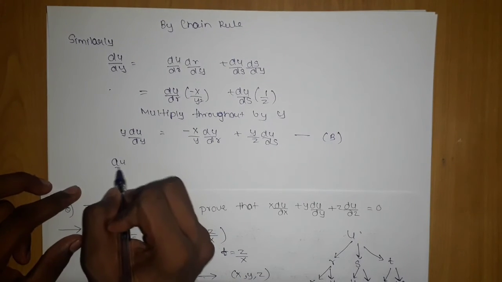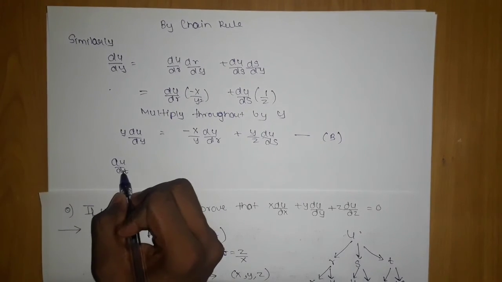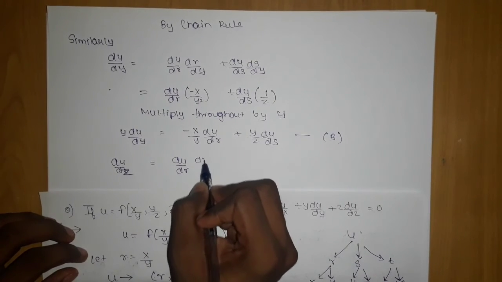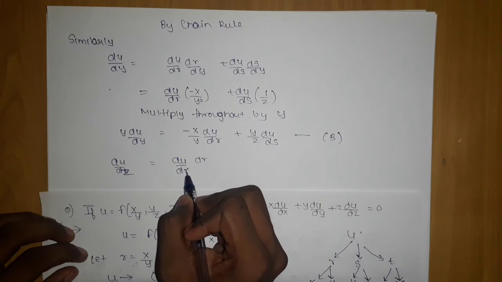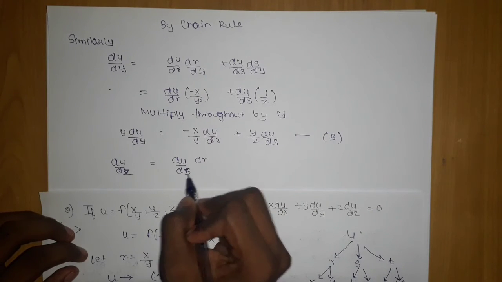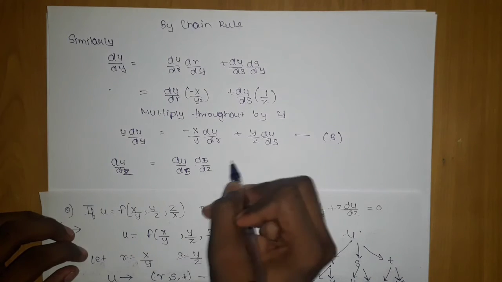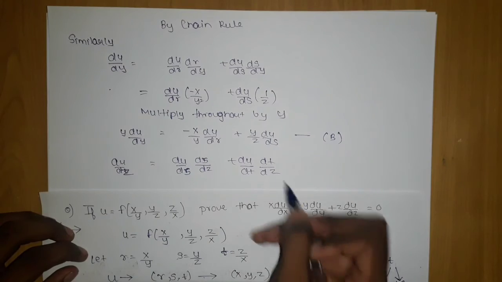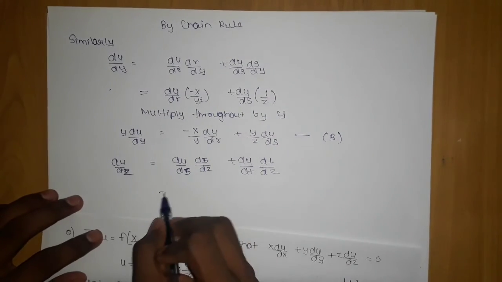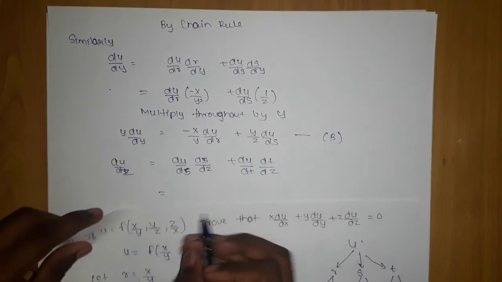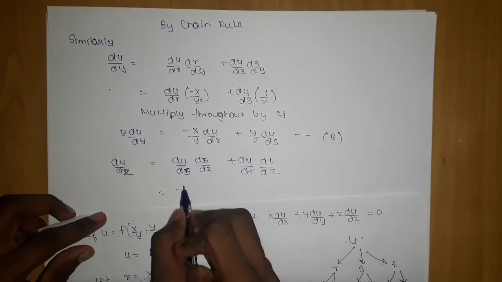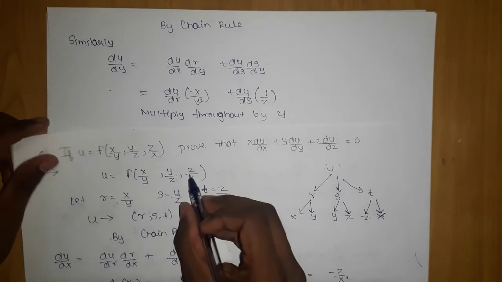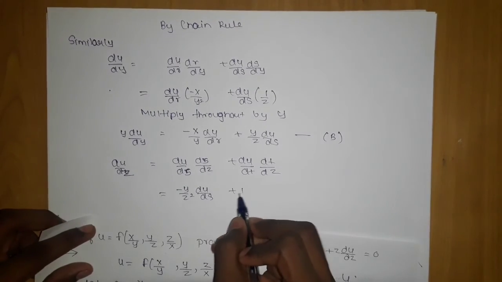∂u/∂z, sorry, will be what? ∂u/∂r into ∂r/∂z plus ∂u/∂s into ∂s/∂z plus ∂u/∂t into ∂t/∂z. Here ∂s/∂z is nothing but minus y by z square, and ∂t/∂z, if you differentiate, is 1 by x.